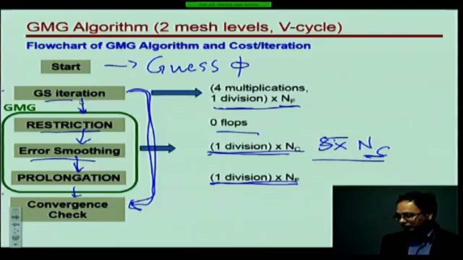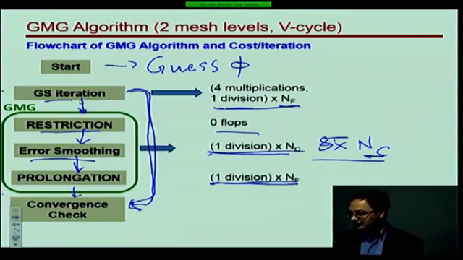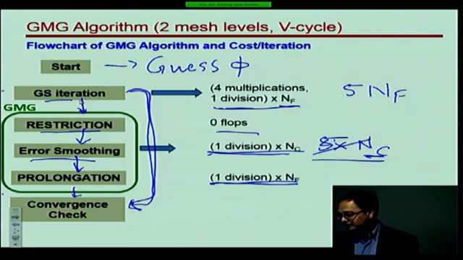Okay, so if you count now the number of iterations, you see here this is 5 NF. And let's even forget the fact that we are doing multiple sweeps. We are doing just one sweep, let's say. So then you have NC here, and then here you have NF.